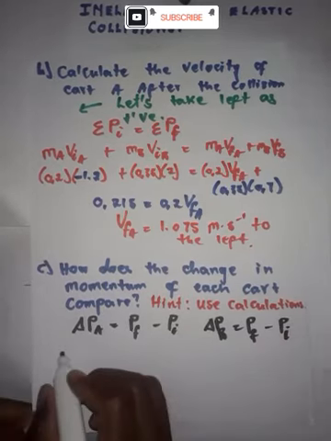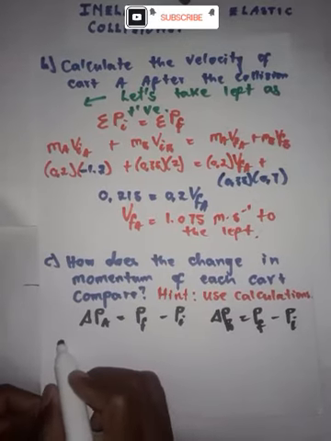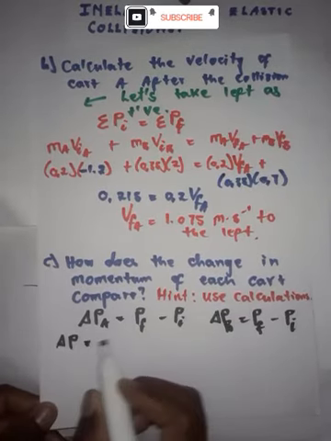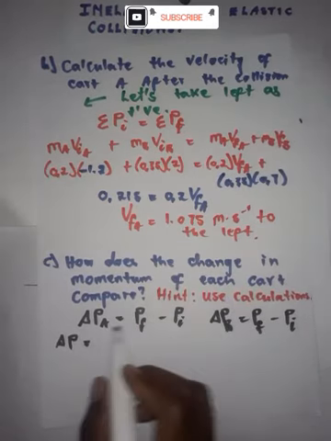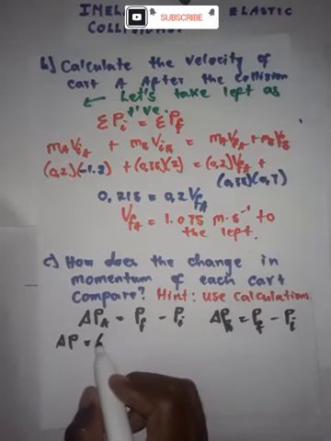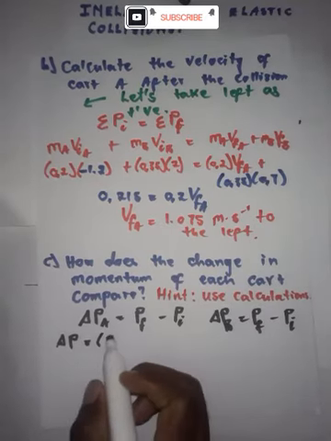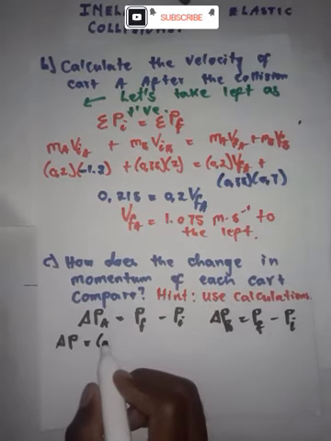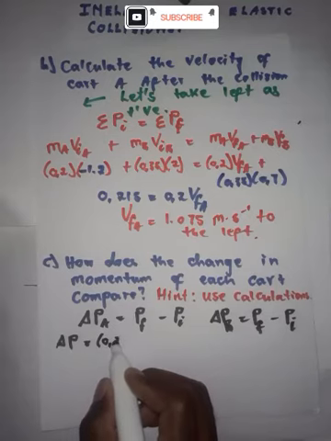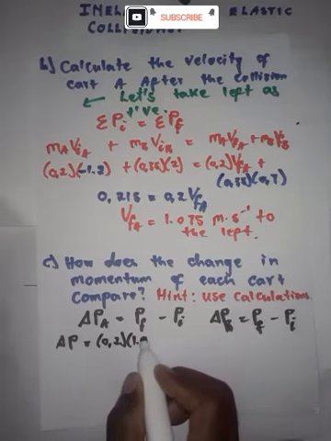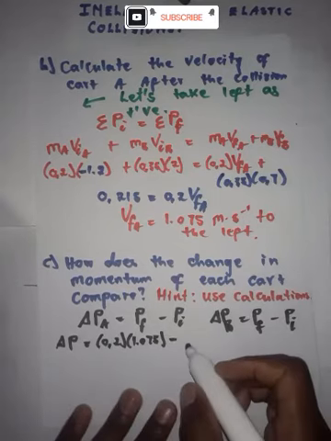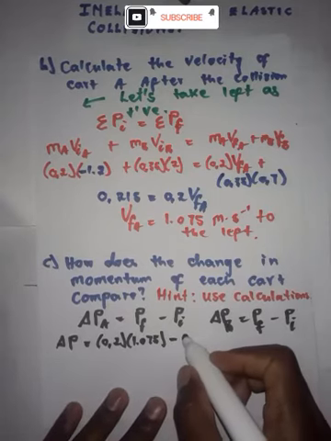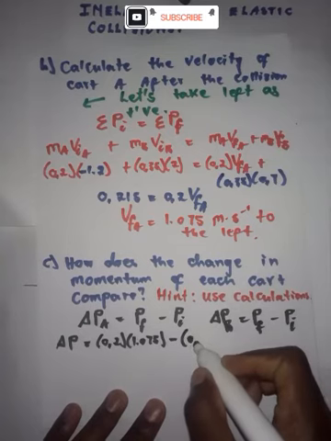So for this one, the change in momentum for A, we take the final one, which has a velocity here. We have the mass for A, which is 0.2. We multiply it by 1.075, and you subtract the initial, which was 0.2.